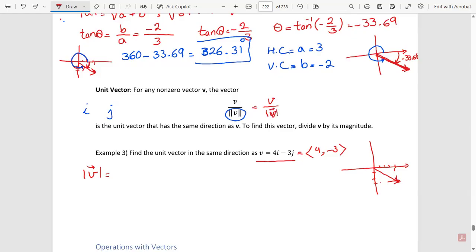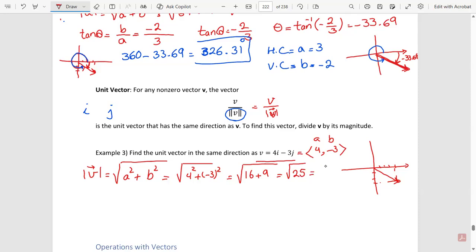How do we find the magnitude? Just using the square root of a squared plus b squared. Here a is 4, b is -3. First we square them, then we add them, then take the square root, if it's a perfect square.